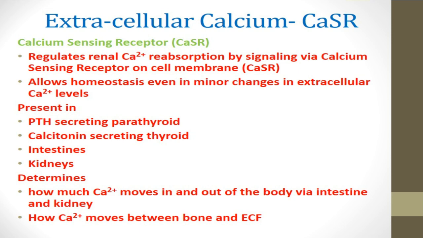This calcium sensing receptor is a very important receptor that regulates the renal calcium ion reabsorption process. In the kidney, it promotes calcium ion reabsorption by a signaling mechanism, done via the calcium sensing receptor, this CASR receptor on the cell membrane.